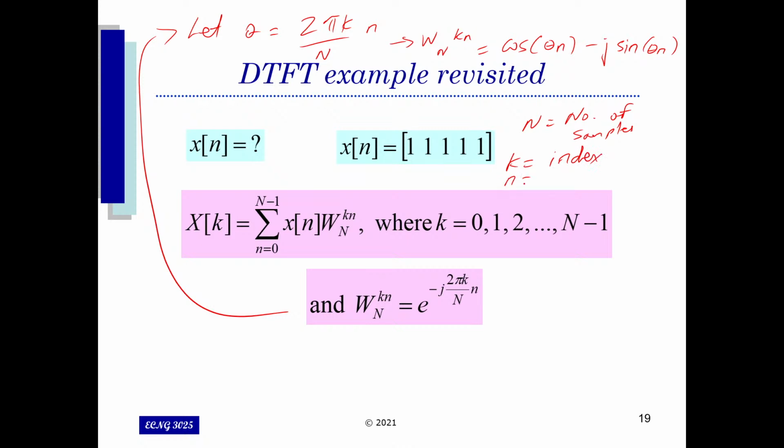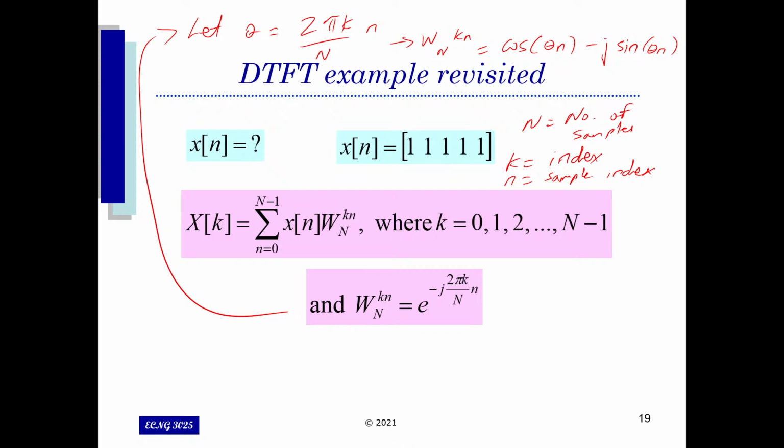And common n here is what you have to watch for in particular, which is also representing another index, which is going to be just basically our sample index in particular. So because this twiddle factor here is a function of k and n, we're going to have to figure out, okay, which one do we hold constant and which one do we modify in particular.